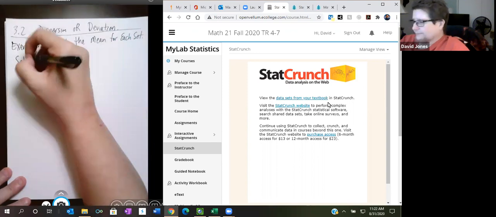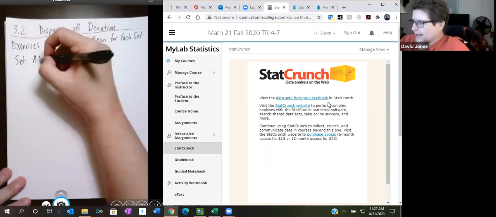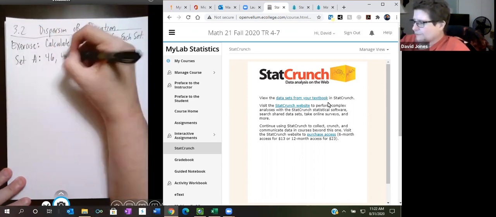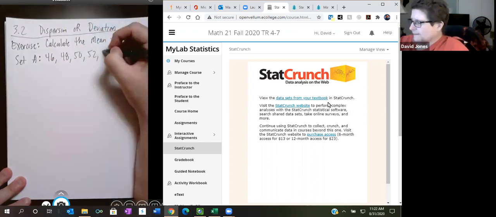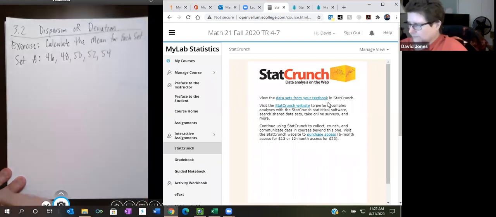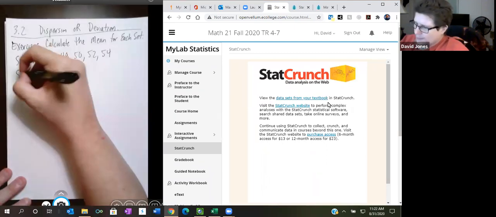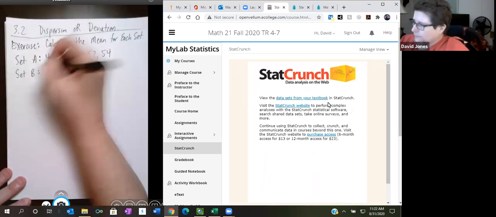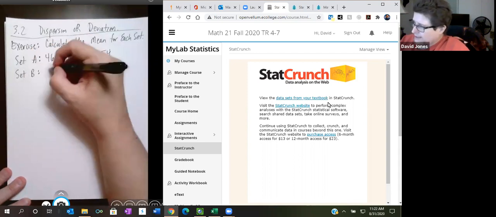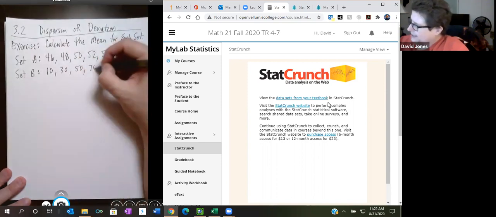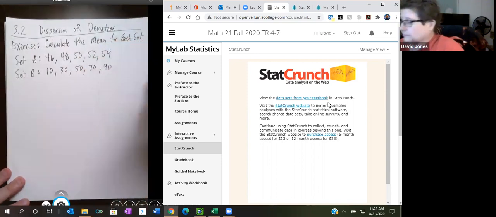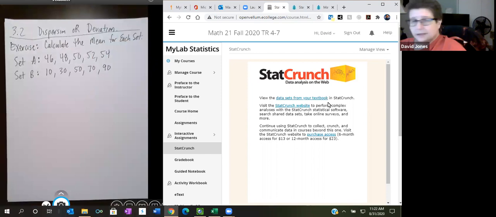Set A, we're going to have the numbers 46, 48, 50, 52, 54. And for set B, we've got 10, 30, 50, 70, 90. So calculate the mean or X bar for each set.